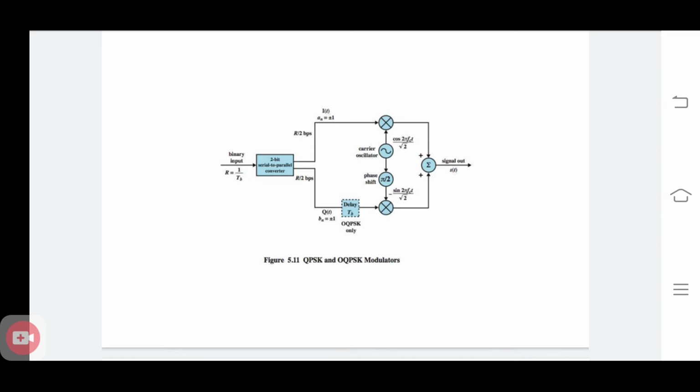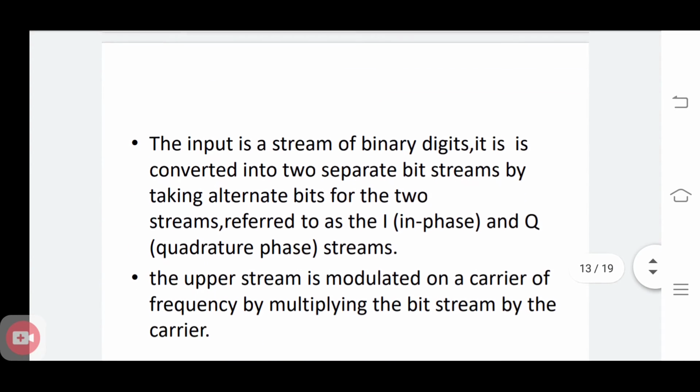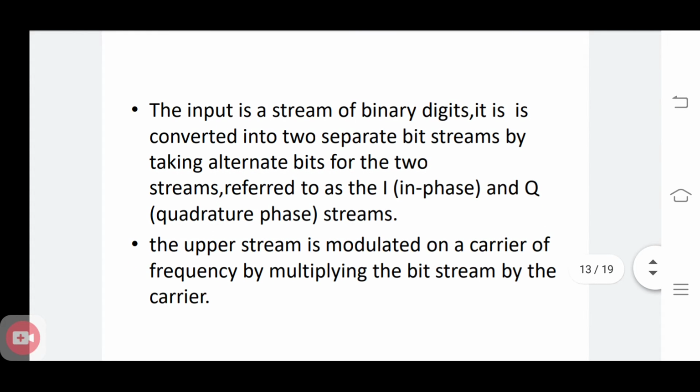If we are using QPSK and OQPSK modulators for signal transmission, first the binary input stream is converted into two separate bit streams by taking alternate bits for the two streams. One is referred to as in phase and the other as quadrature phase.